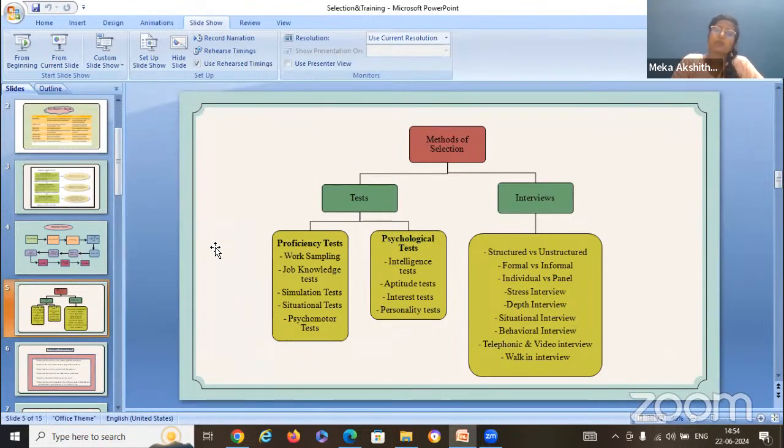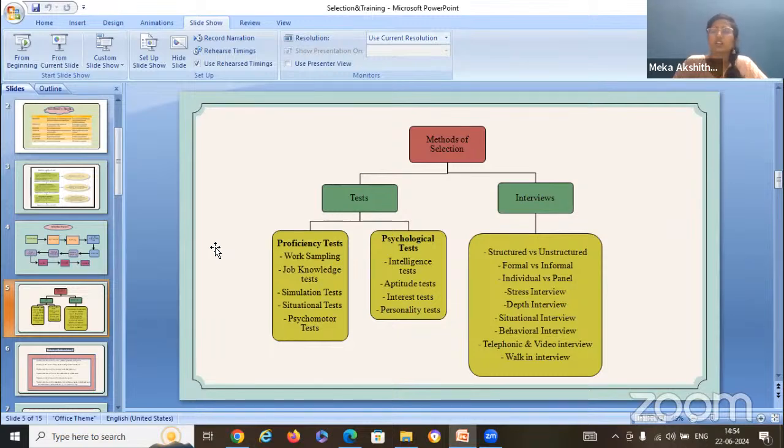For example, if you wanted to select a counselor or a therapist, some organizations might want a therapist with extrovert behavior, so they would give an extroversion-introversion test in order to know whether the counselor is extrovert or introvert. They might feel that if the counselor is an introvert, they might not be able to speak well with the clients.